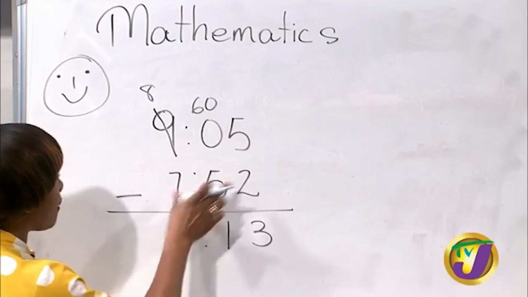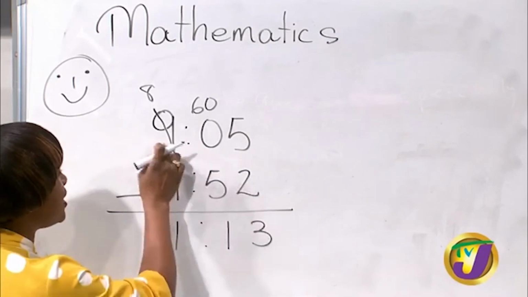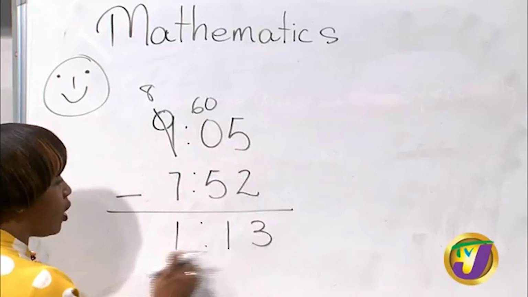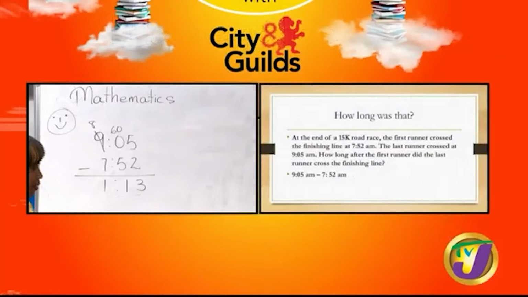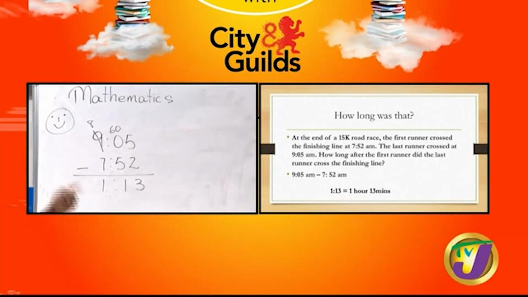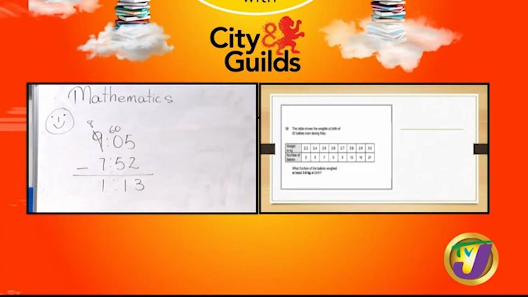So from 7:52 to 9:05, 1 hour and 13 minutes would have elapsed. So it took 1 hour, 13 minutes for the last person to come across.